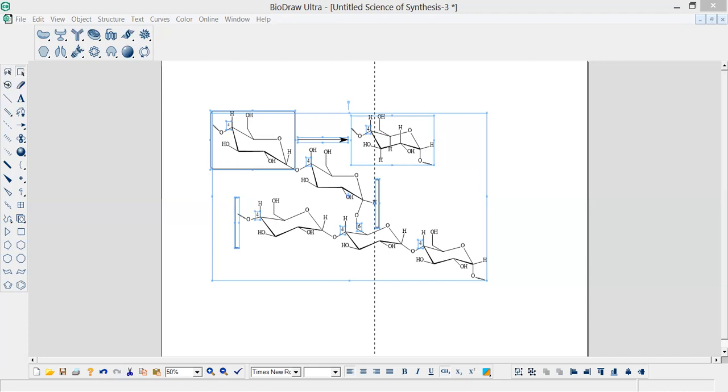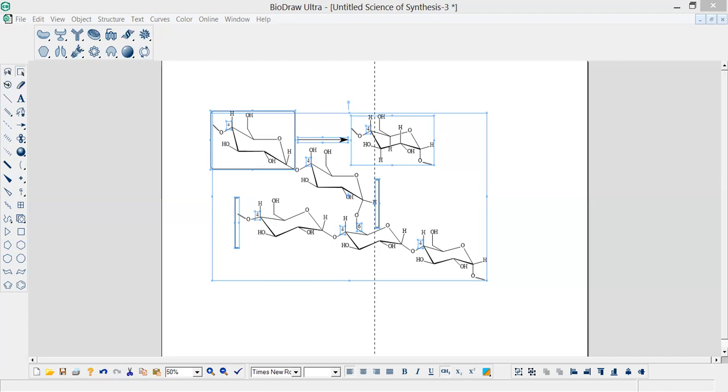The drug, represented by blue dots, is entrapped in the inner hydrophobic core. This structure of micelles is also drawn by using BioDraw software.